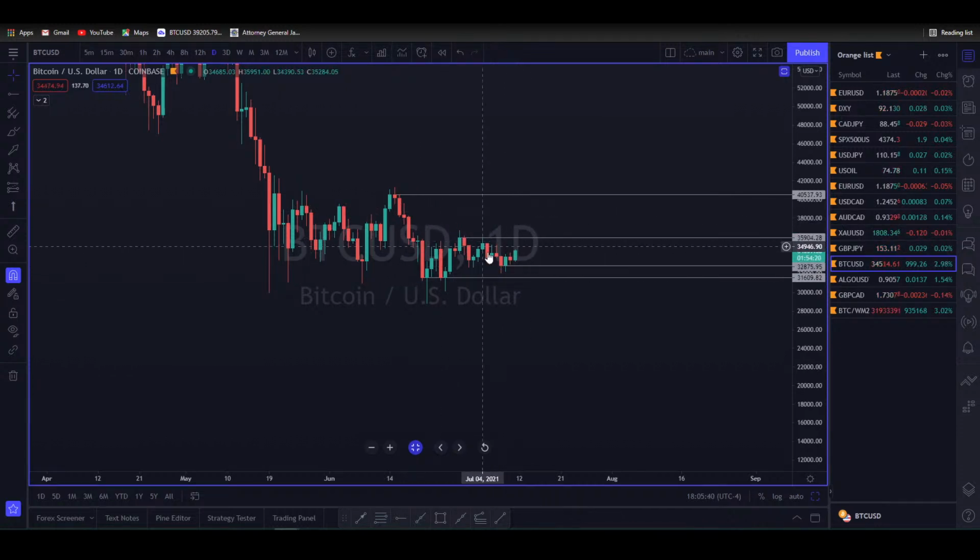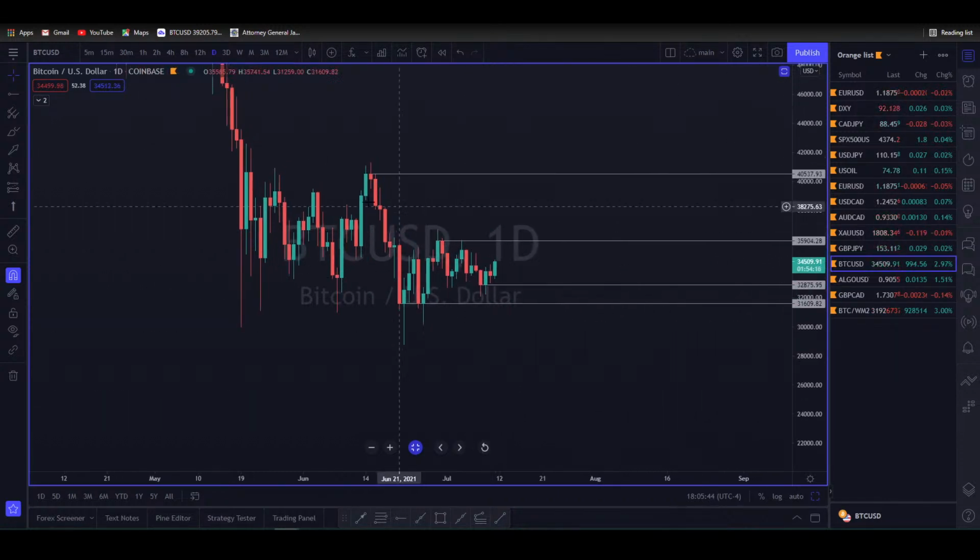This isn't even tradable. Unless you can trade options. If you can trade options, then sell the puts at $31,000 and sell the calls at $40,000. But just a couple weeks out, nothing major. Oh, that's not trading advice. This is not financial advice, by the way.